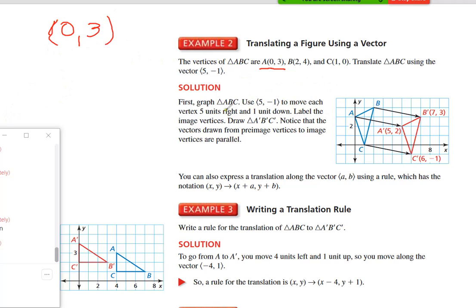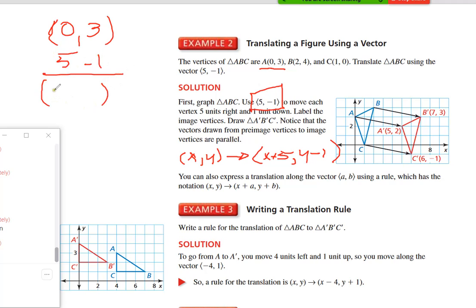We could write this vector notation as x, y becomes x plus 5 and y minus 1. So whatever x is, we add 5 to it. Whatever y is, we subtract 1 from it. So I take the 5 and the negative 1 and make a new point, 5, 2, and that's where the new A is.